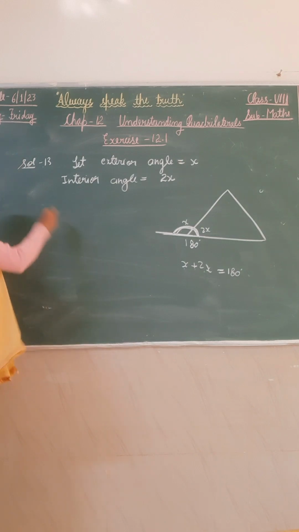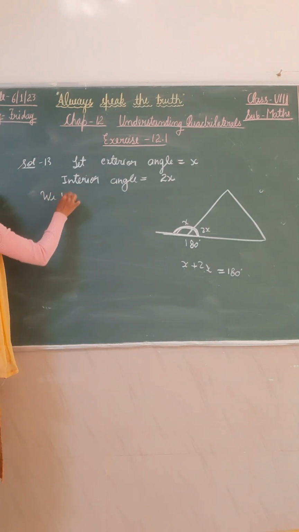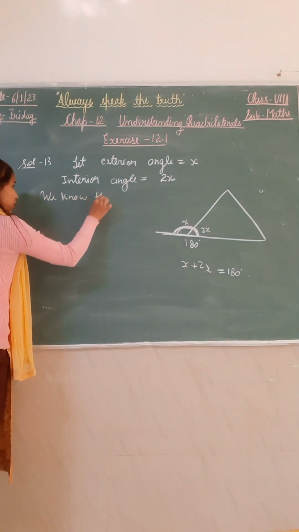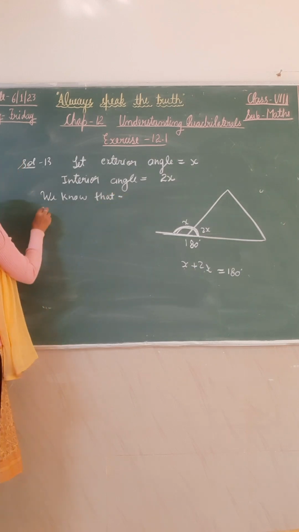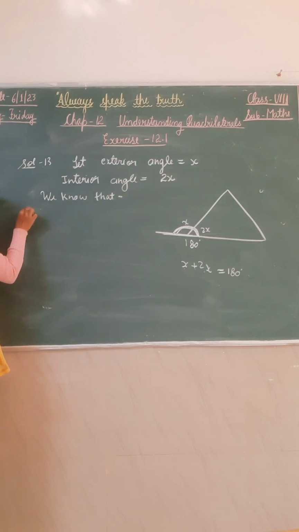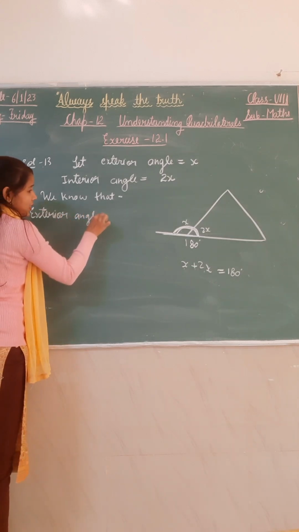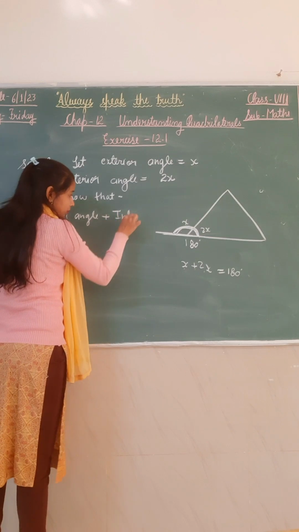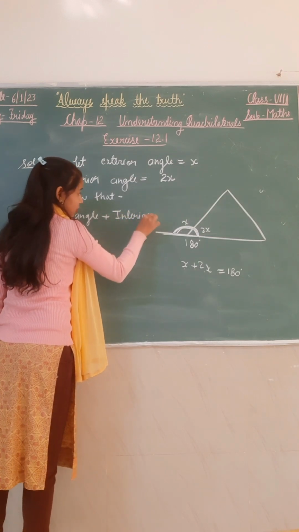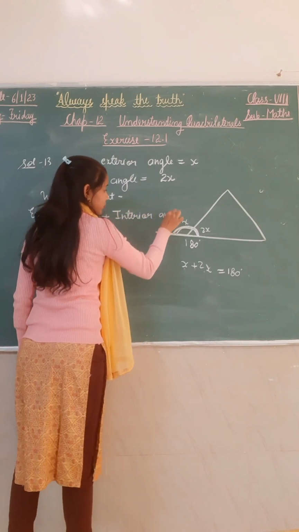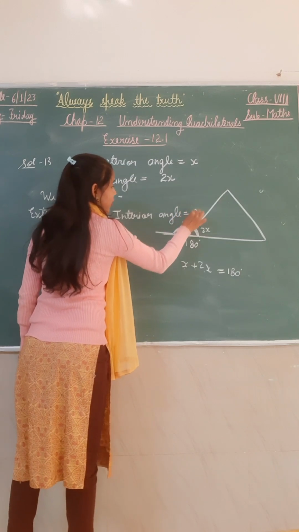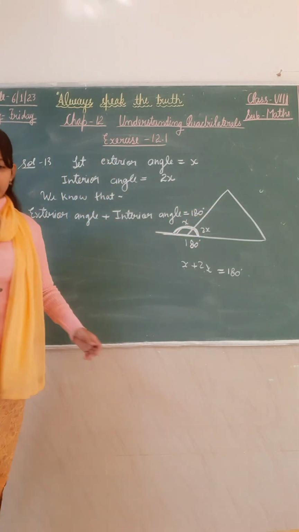And we know that exterior angle plus interior angle is equal to 180 degrees. We all know, no?